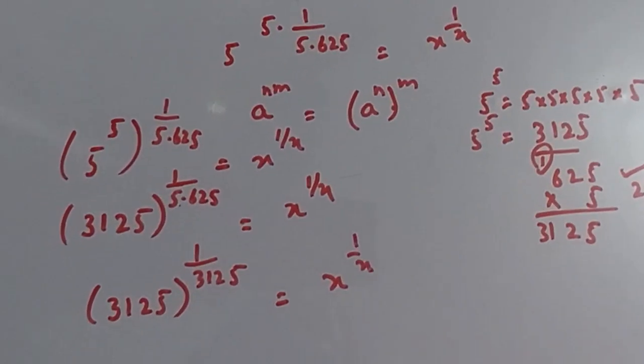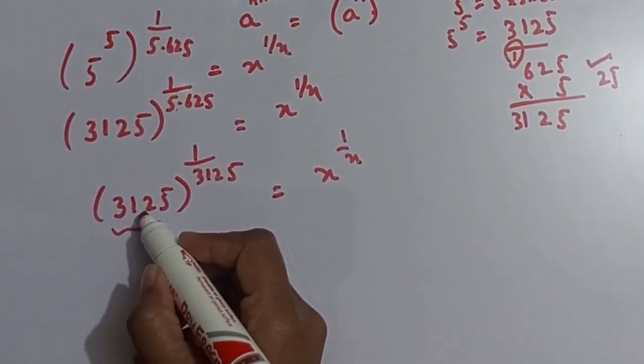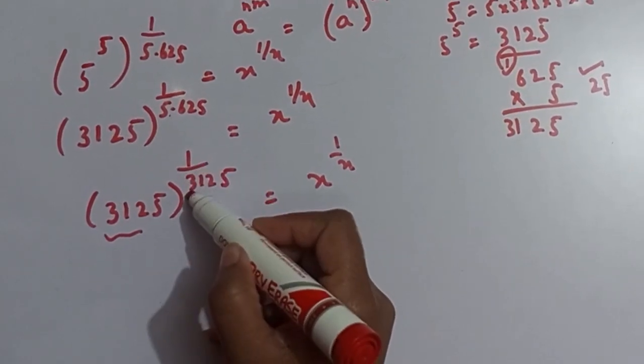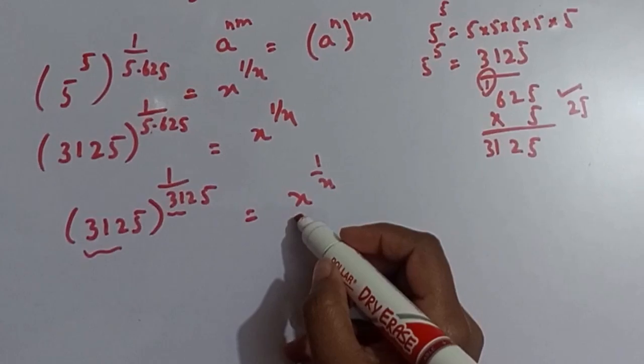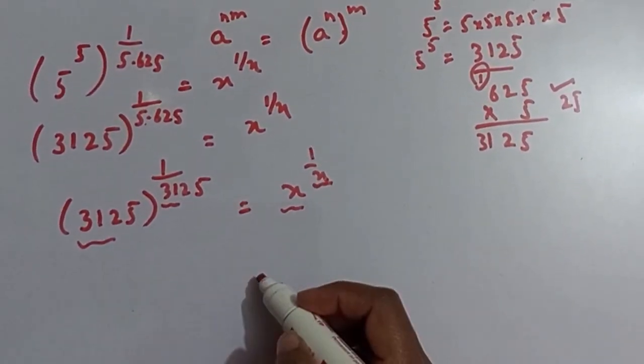Now this is the important point. At this stage, look at this base: this is 3125 and in the exponent this is also 3125. And look at this side, the base is x, and in the exponent we have x.